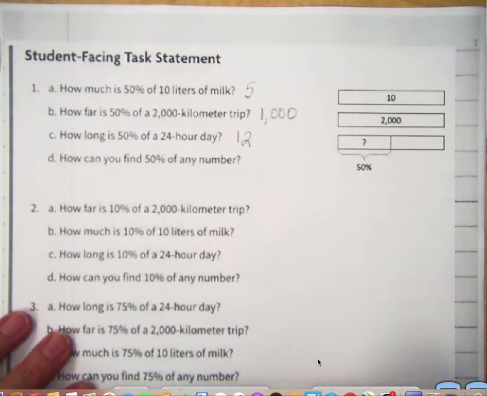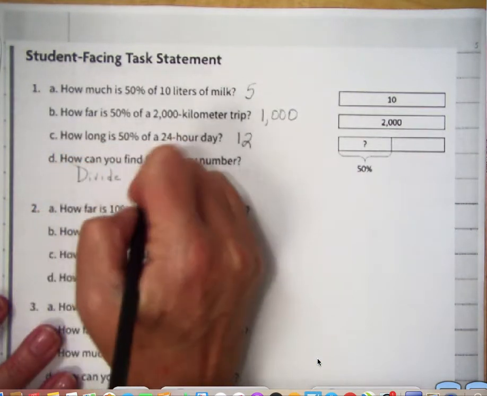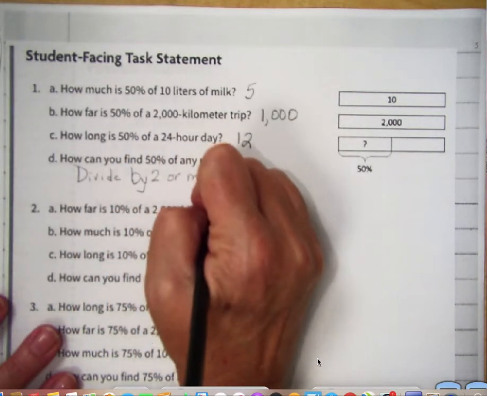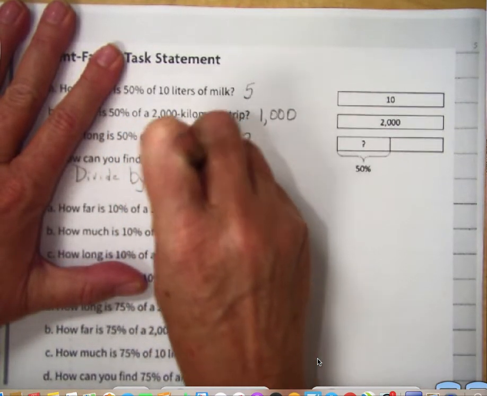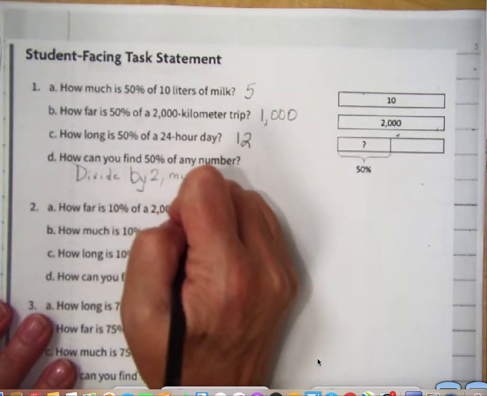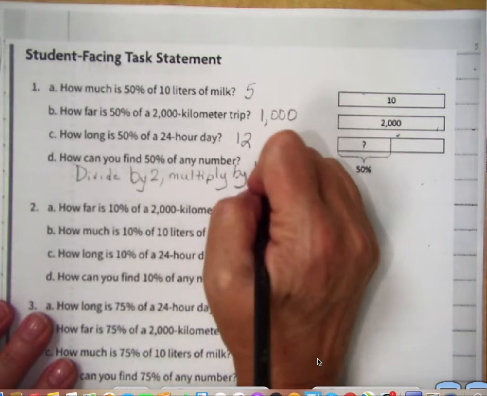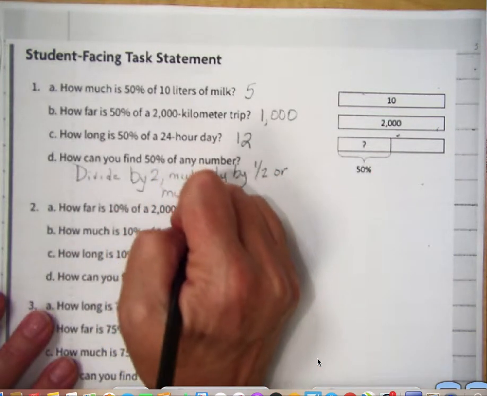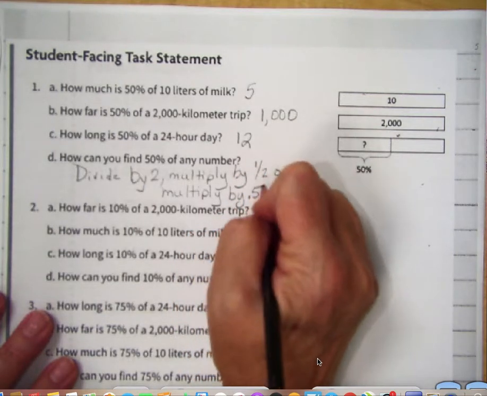How can you find 50% of any number? Divide by 2, or multiply by 1/2, or multiply by 0.5.